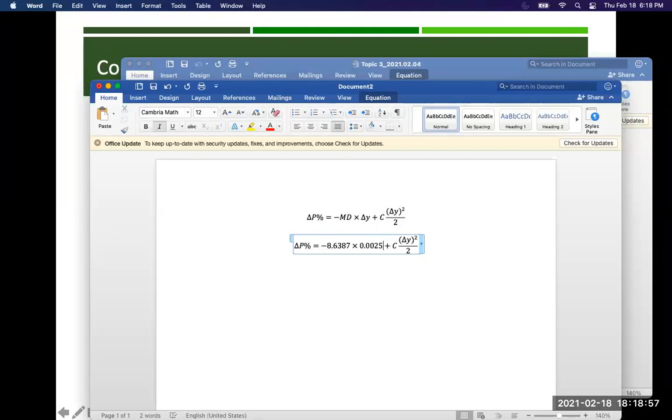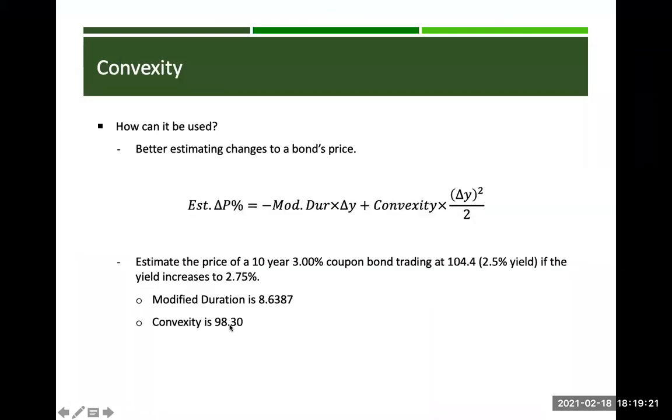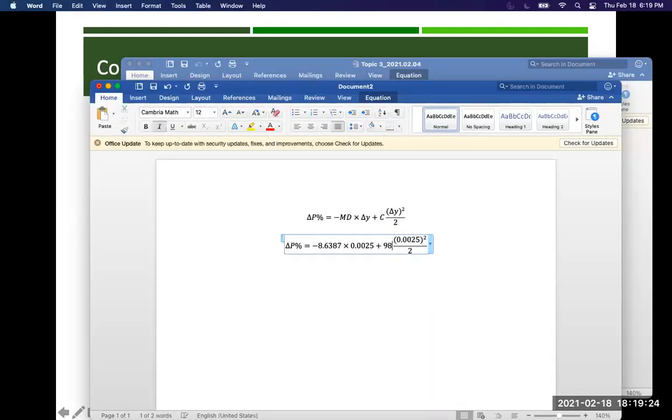It increased by 25 basis points, which means that the bond price will fall by some amount. We're always going to be below the actual price change, so our convexity adjustment. What's convexity? 98.3.